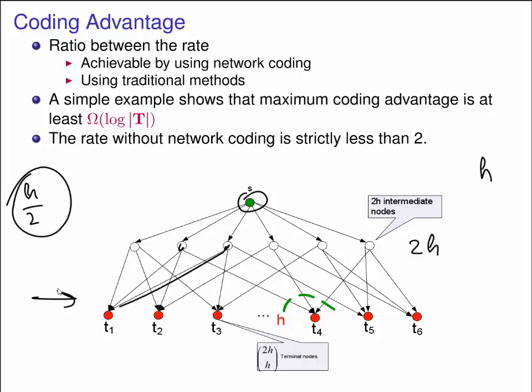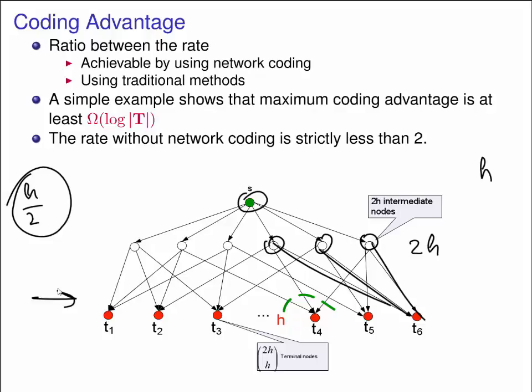For another subset, for example, the first node, the second node, and the fourth node, this will be connected to terminal T2, and so forth. For every subset, we have such a terminal, and each terminal will be connected to h intermediate nodes.